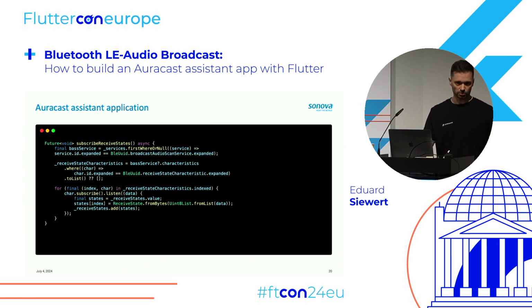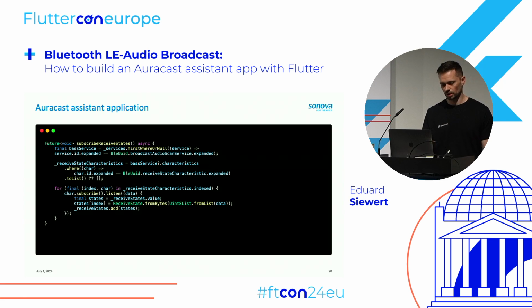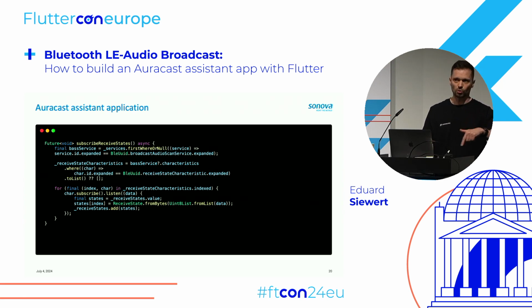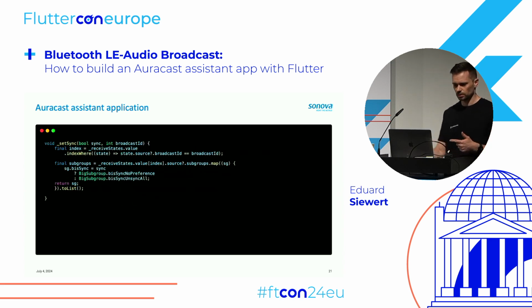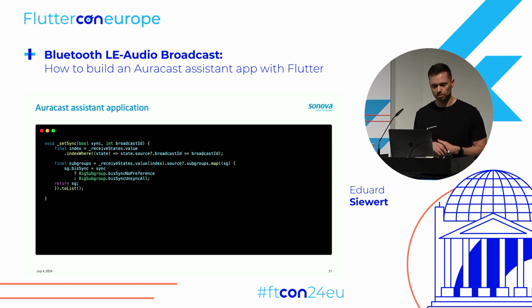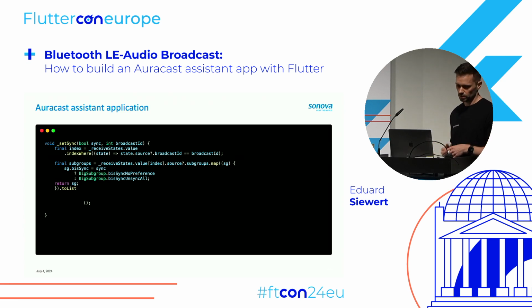Now the user is able to select one of these receive states, and when he selects it, we either synchronize to this broadcast, or if it's already selected, we just unsync it, so we deselect it. And in order to perform this, there's another operation that we can use, which is the modify source operation, and that's what we can see here.